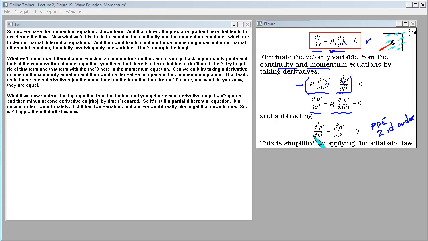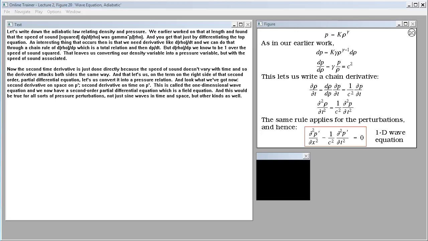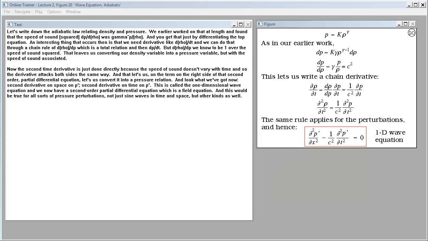So we'll apply the adiabatic law now. Let's write down the adiabatic law relating density and pressure. We earlier worked on that at length and found that the speed of sound, dp d rho, was gamma p over rho, and you get that just by differentiating the top equation.